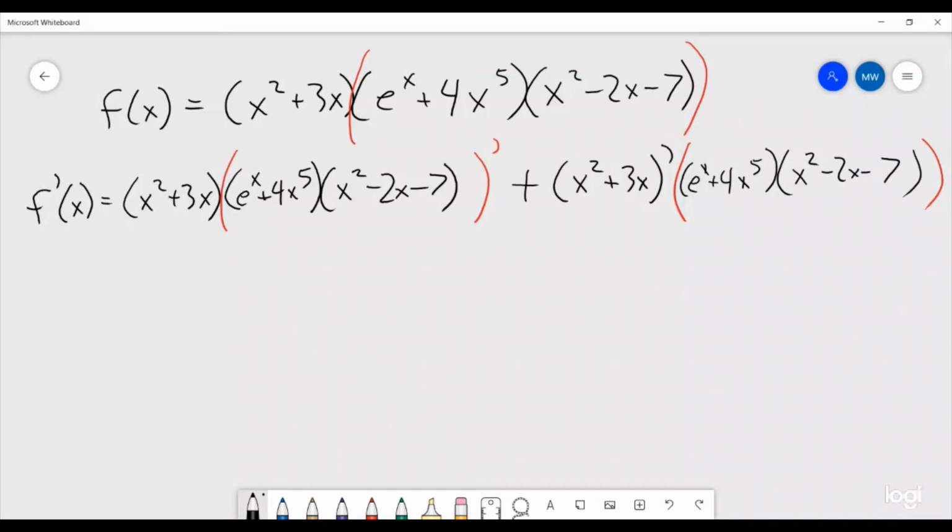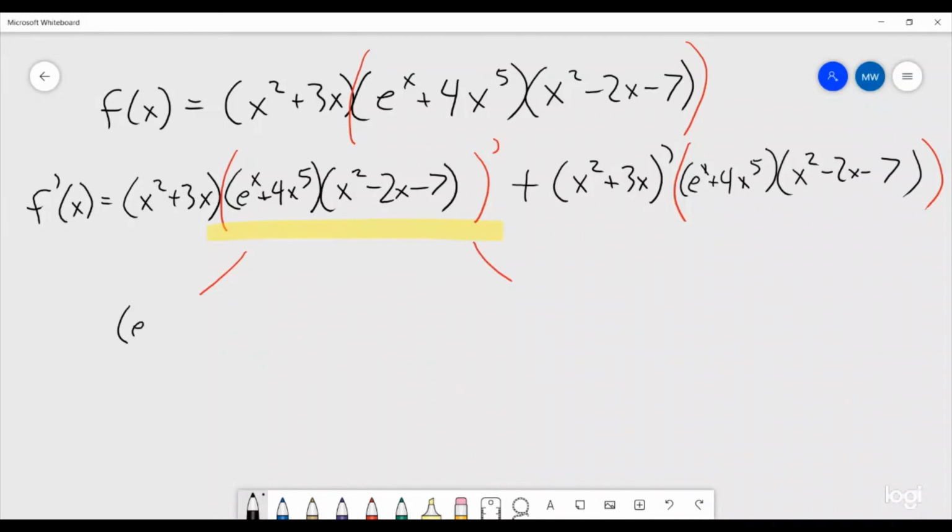Perfect. So most of this is going to be able to be evaluated already, except for this piece. Here we're taking the derivative of two things multiplied together. So that means that piece itself is also going to have a product rule. So we can expand this piece out into first times the derivative of the second.